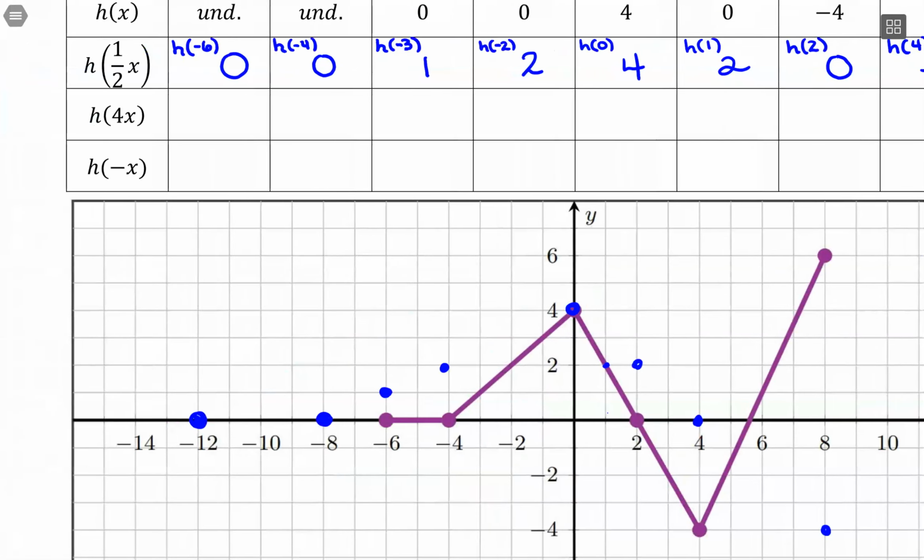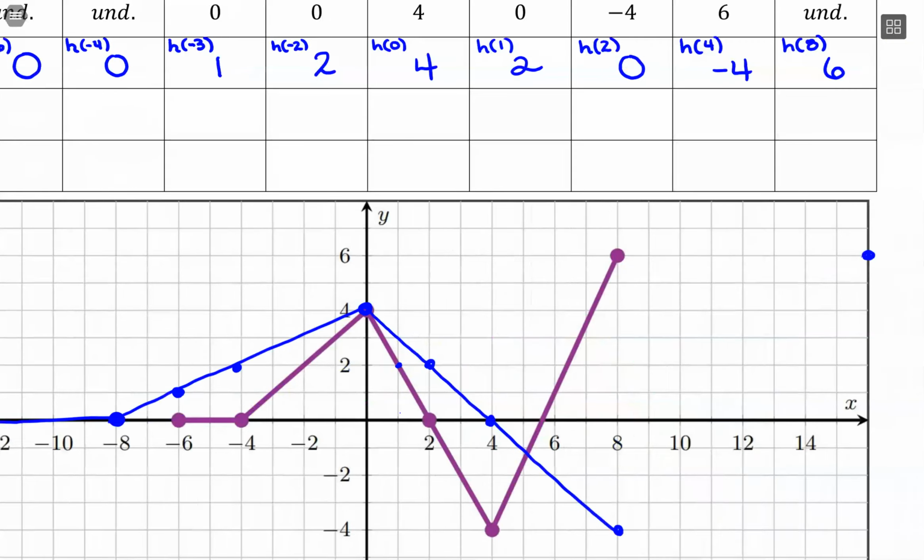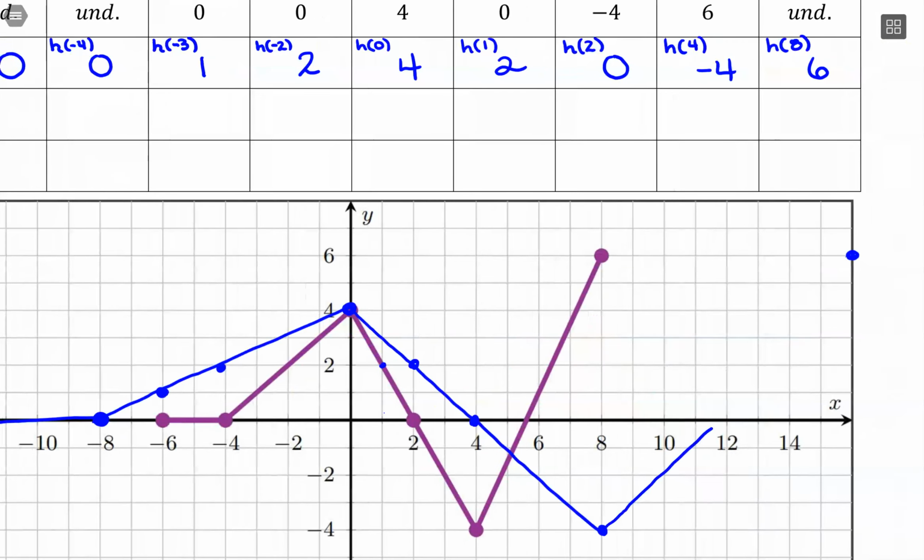Alright, so graphing this, we have this line across, this line up to the y-axis, down to that minimum, and then up to that maximum.